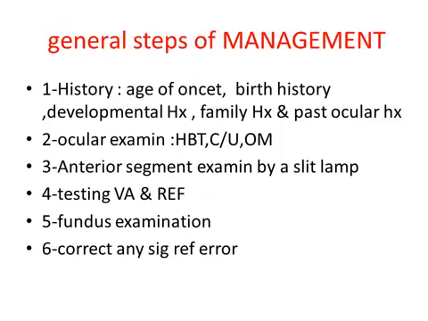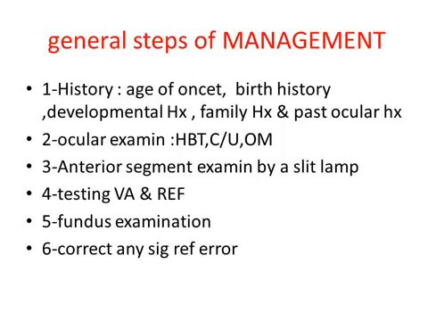Number 2, ocular examination, starting with the Hirschberg test. We explained these things in the practical sessions, by doing cover and uncover testing and by testing ocular motility, in order to differentiate between the two major categories, comitant and incomitant squint.